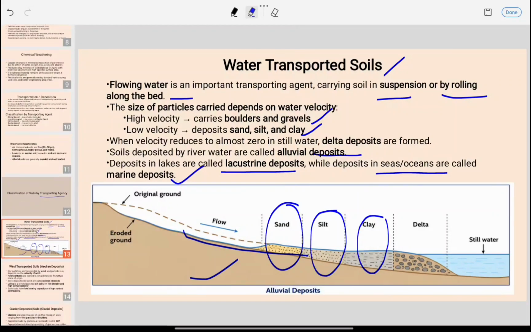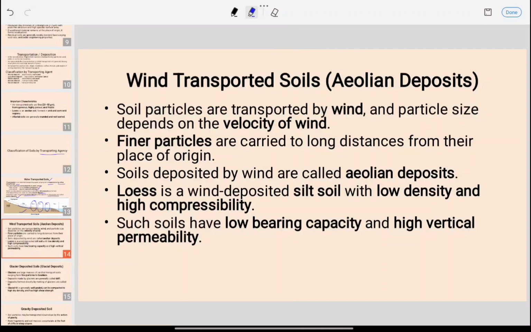Now let us understand the wind transported soil, also known as aeolian deposits. In this case, the soil particles are carried by wind, and the particle size transported depends on the velocity of wind.